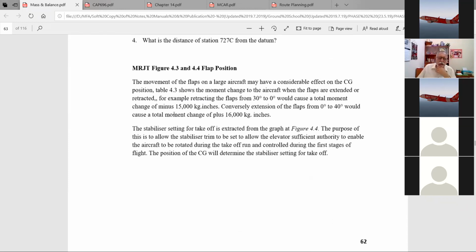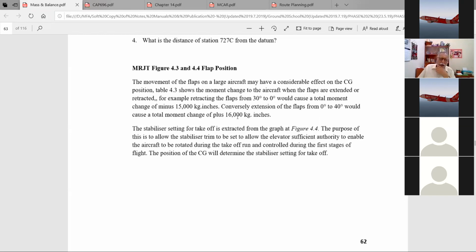That is the center of gravity, and the movement of the flaps on large aircraft may have a considerable effect on center of gravity. Table 4.3 shows the movement changes of the aircraft when the flaps are extended or retracted. For example, retracting the flaps from 30 degrees to 0 degrees would cause the total movement change to 15,000 kgs.